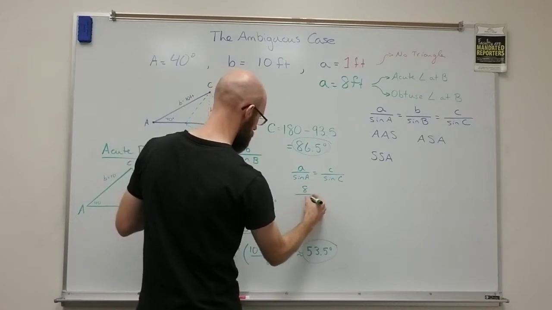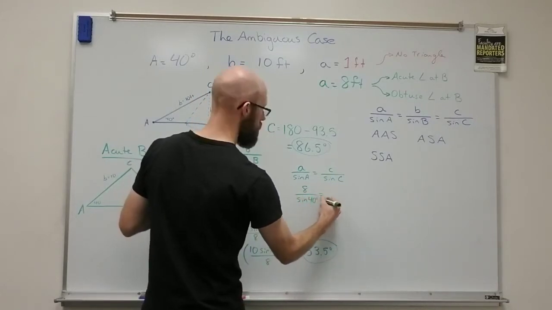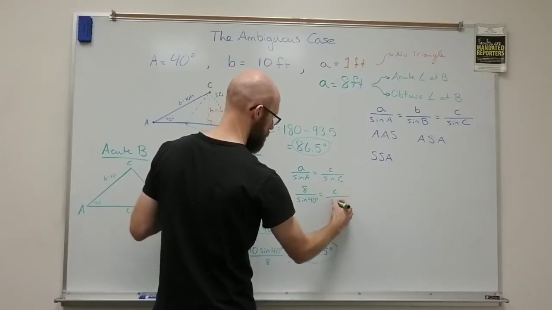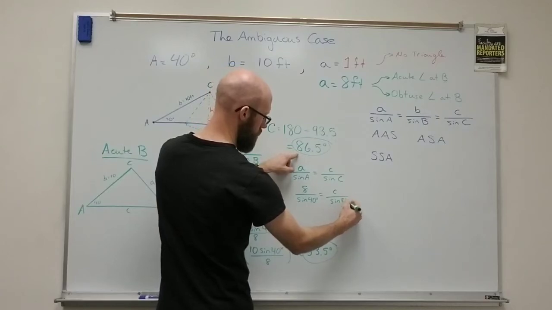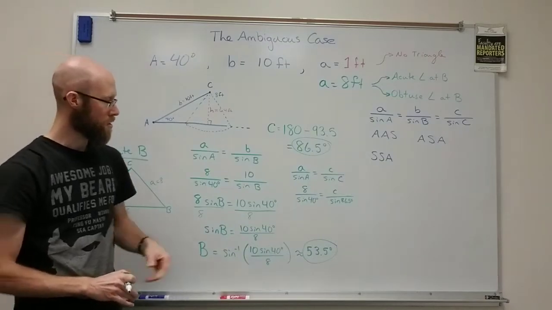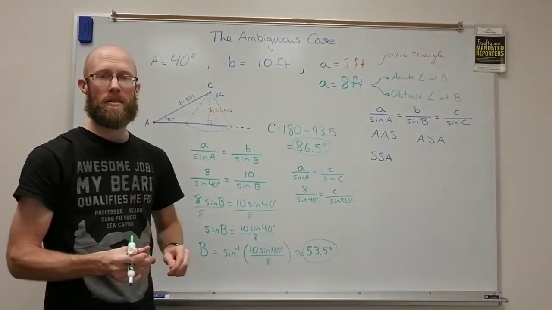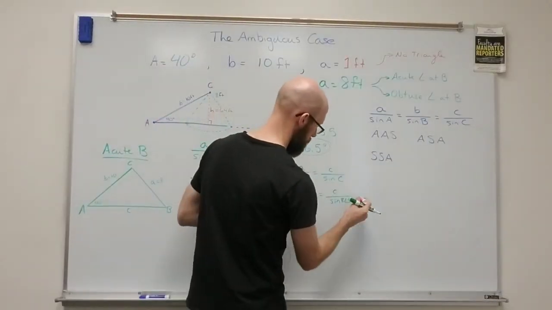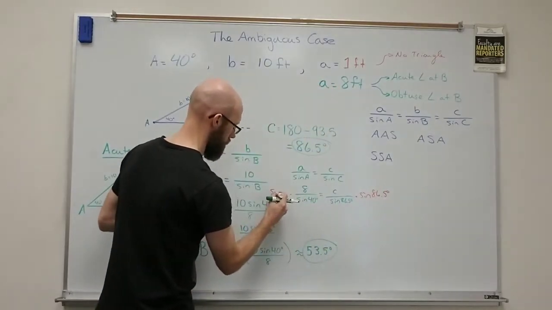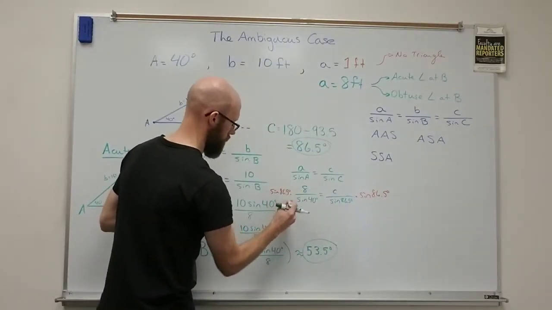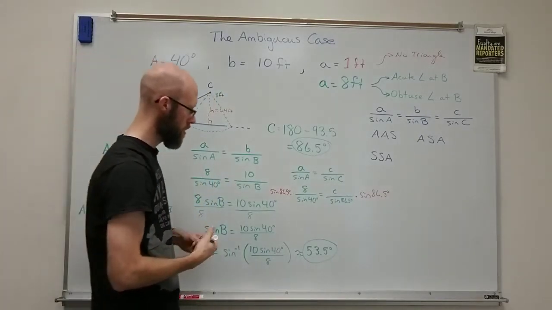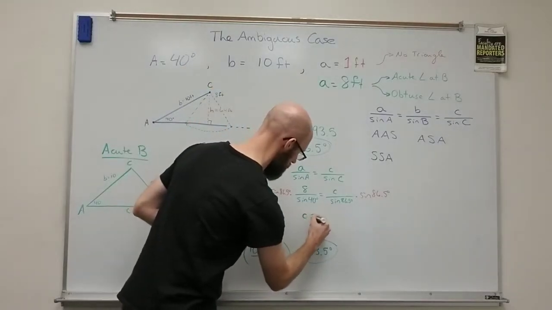So I'm going to get 8 over the sine of 40 equals little c, which I don't know, over the sine of 86.5 degrees. Okay. And so here to solve, I'm going to multiply both sides by the sine of 86.5. Okay.